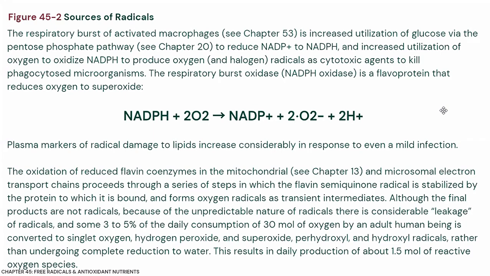Now sometimes I call this pentose phosphate pathway or hexose monophosphate shunt a pathway for growth. But it also is important in free radical emission.